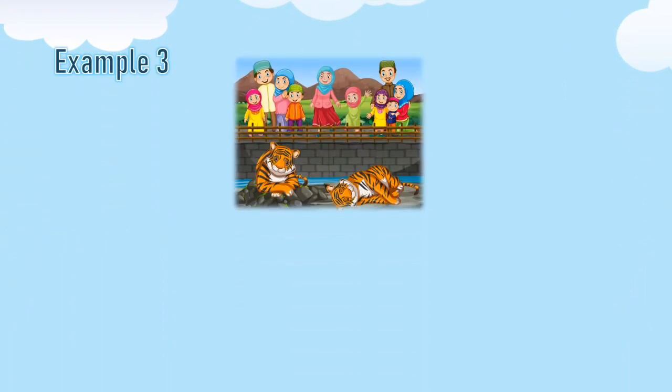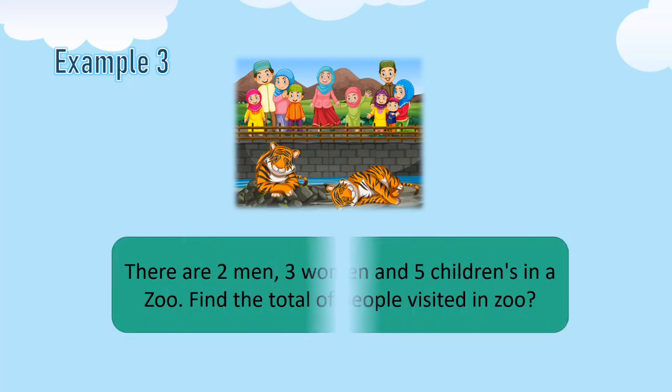Okay, look at example 3. By seeing this picture, I have created a story about addition. There are 2 men, 3 women and 5 children in a zoo. Find the total number of people who visited the zoo.